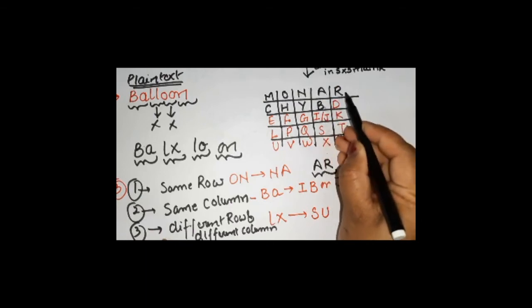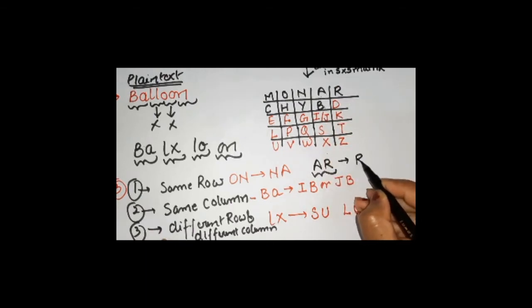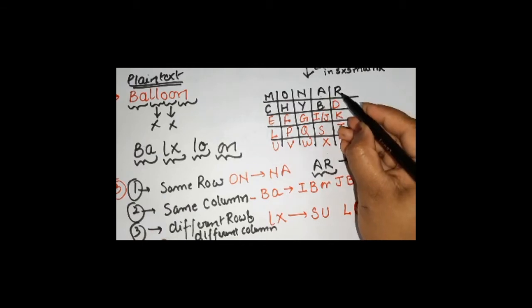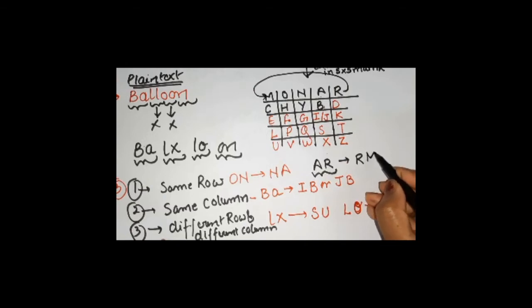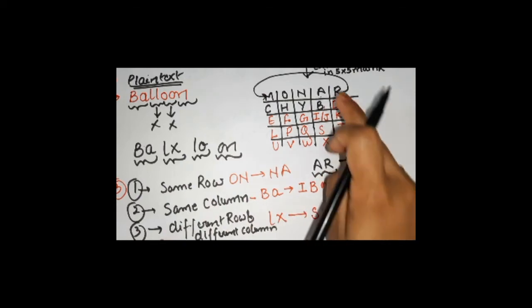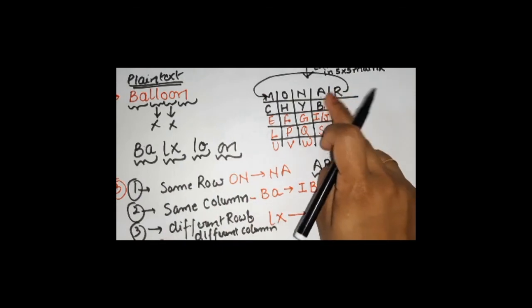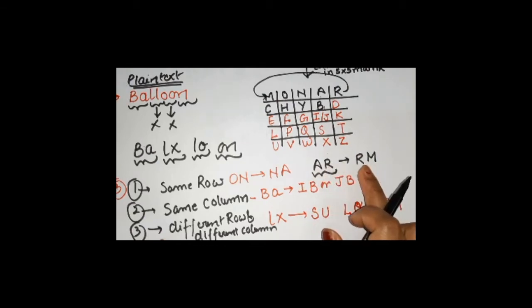If this has to be converted, A will be replaced by R, no issues, and then R will be circularly replaced by the first letter in the row, which is M. Remember this.